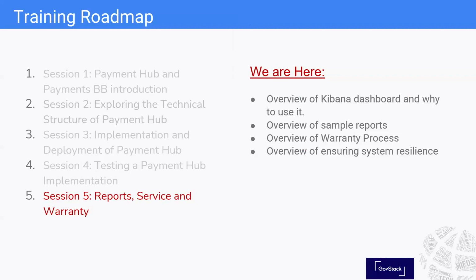Then we'll have a look at some sample parameter reports that are generated using Kibana. Moving on then towards more operational considerations, such as the warranty process, updates and patches, how to maintain and ensure that the system is resilient and effective.